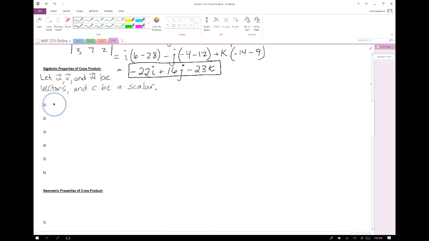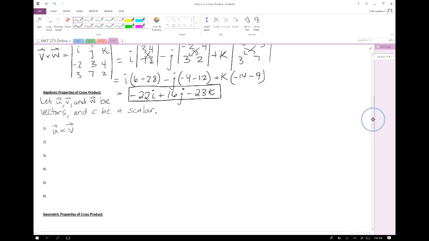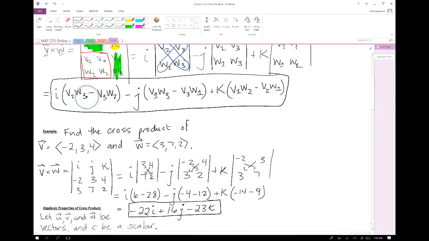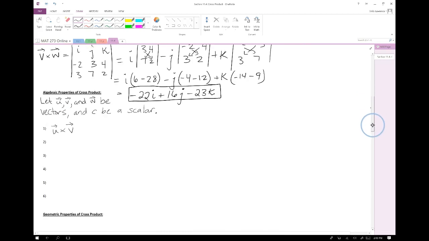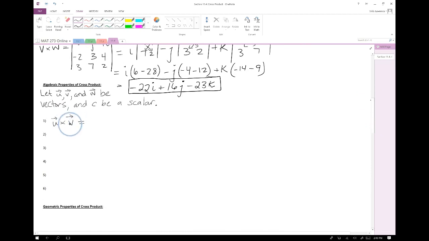So one thing that you may notice right away as you start doing some examples, if you calculate the cross product of u and v, our formula involves multiplication, which we can do in any order we want and we would get the same answer. But it involves subtraction. So if we were to change the order of the subtraction, it's going to change the sign of our answer. So if you were to calculate u cross v, you will get the exact opposite of v cross u.